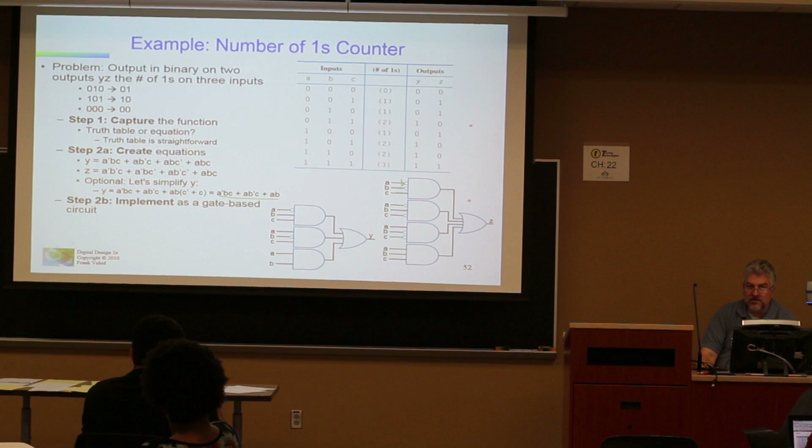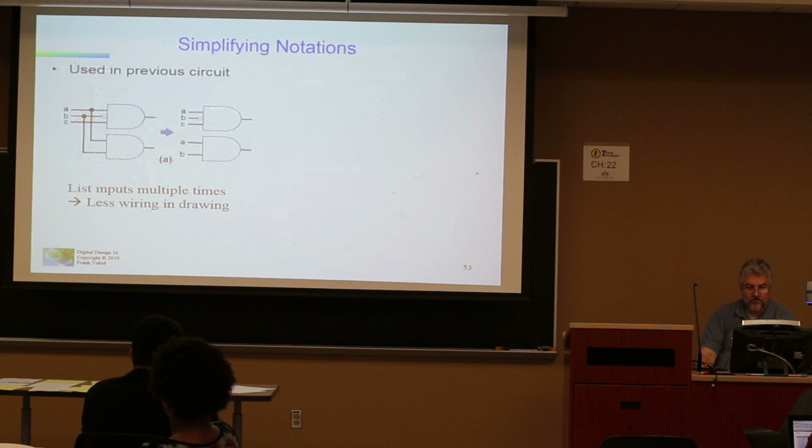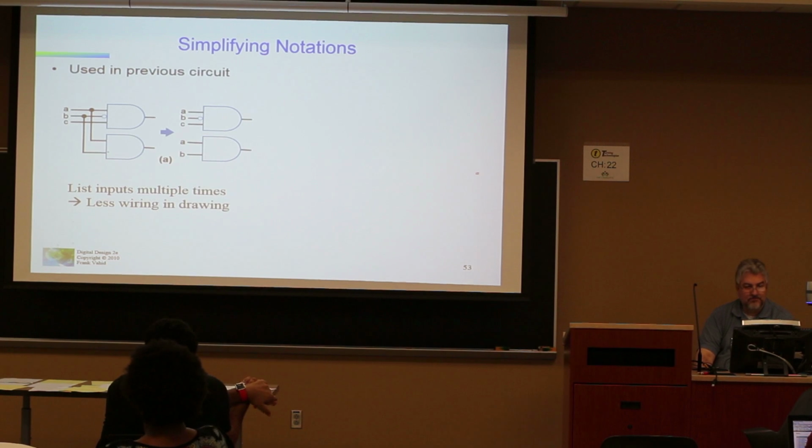But we couldn't fit it on the slide, so we'll put that there. Now, in the previous example, you can simply draw this like this, AB, even though A and B is up there. You could just do it without having to draw these extra wires.